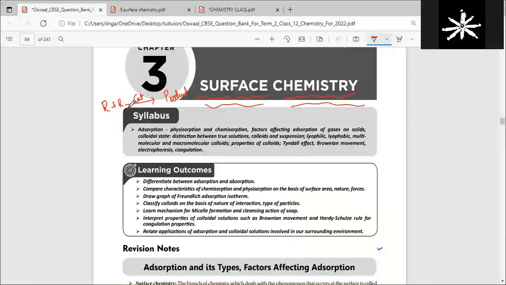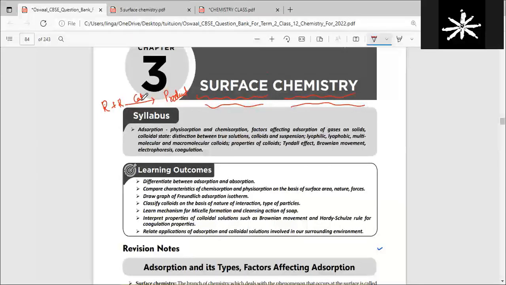So here, what is the importance of the surface of the reactants and catalyst? Those things we will discuss here. What is the importance of surface? It means how the surface decides the rate of the reaction.